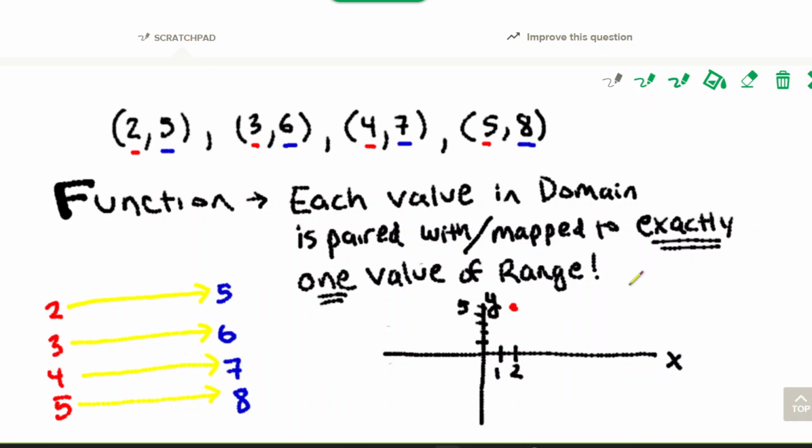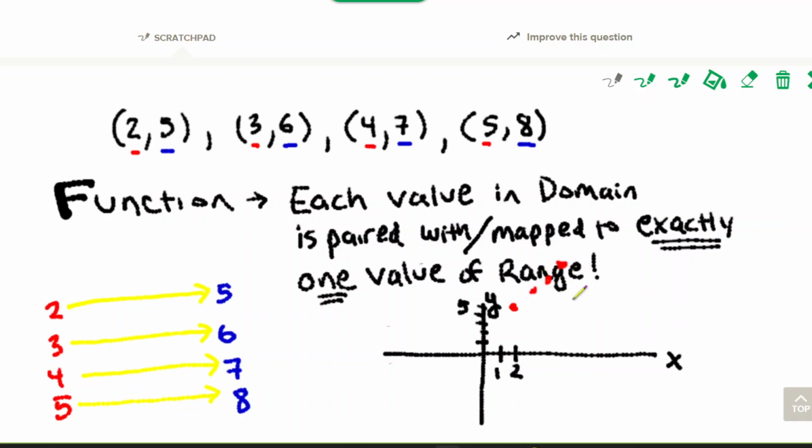So there's the point 2, 5. And I would do the same for 3, 6: go to 3 on the x, 6 on the y, plot this location, probably around here, and then 4, 7, and 5, 8. Increase x by 1, y by 1, x by 1, y by 1. You'd have these 4 points here.